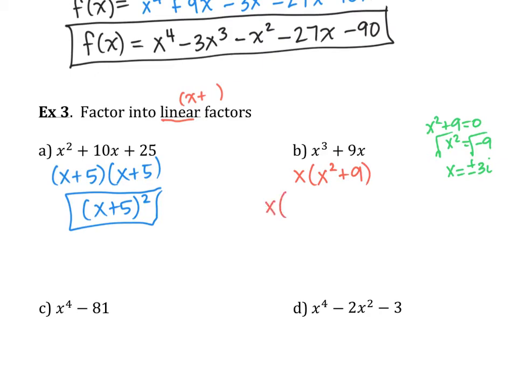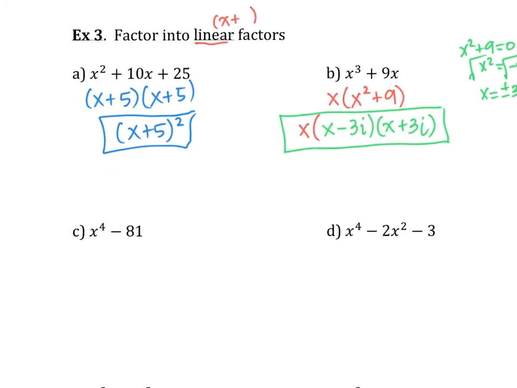Since my answers were positive and negative 3i, then my factors must be x minus 3i and x plus 3i. Okay, I had to take it all the way to linear factors, so I have exactly 3 linear factors. You could multiply them back out to check that you are correct, but it should match up with the zeros if you solve the zeros correctly.